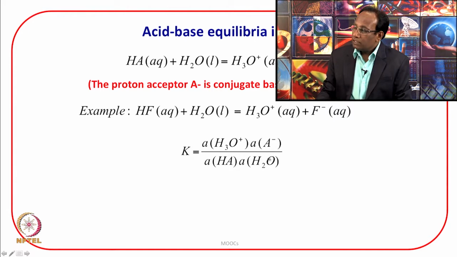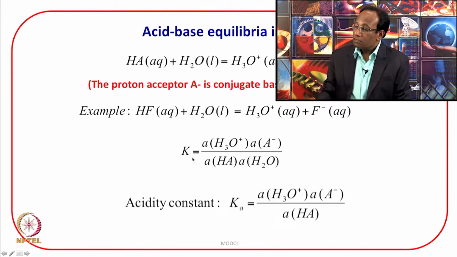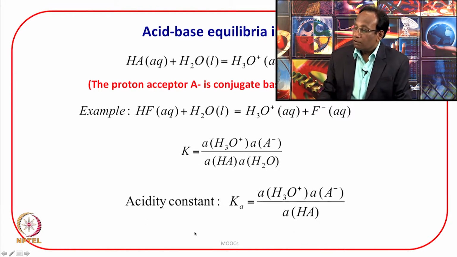So, by taking the activity of water as unity and combining it with the equilibrium constant K, I can write another constant which is called the acidity constant. When I convert this expression into the acidity constant, the activity of water is consumed into it by treating the activity of water to be equal to 1.